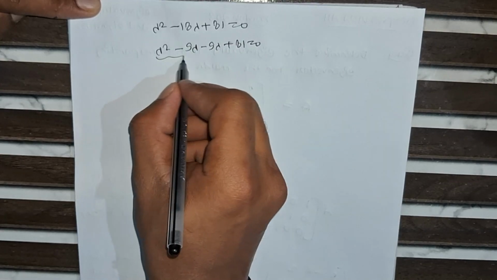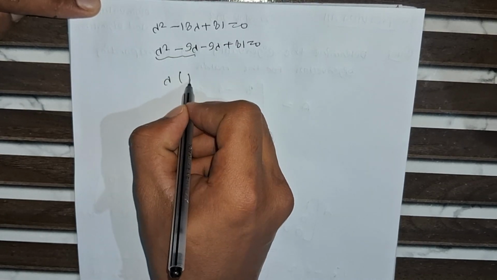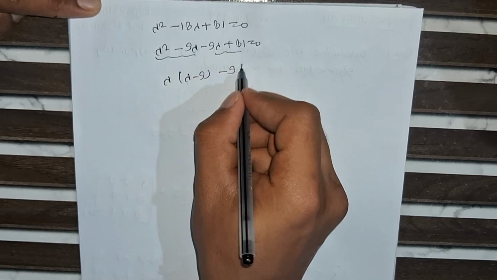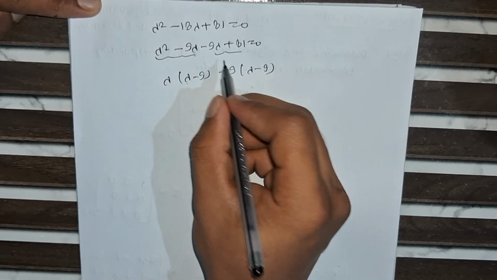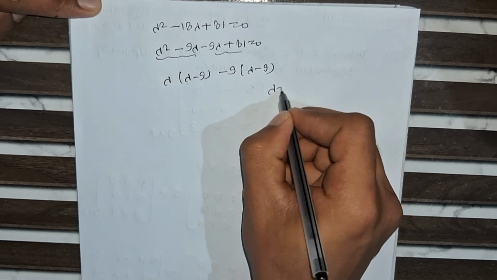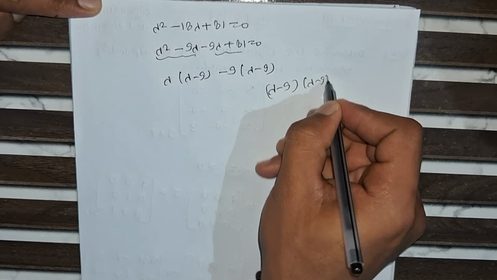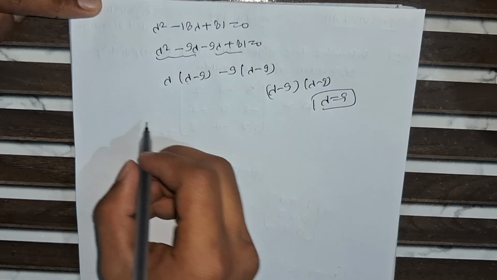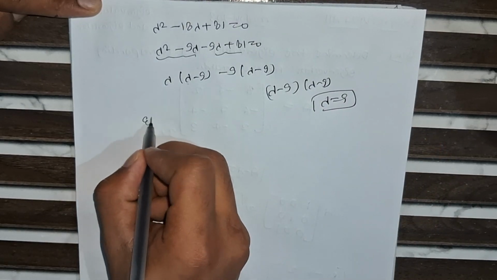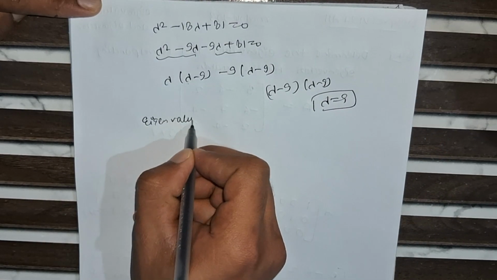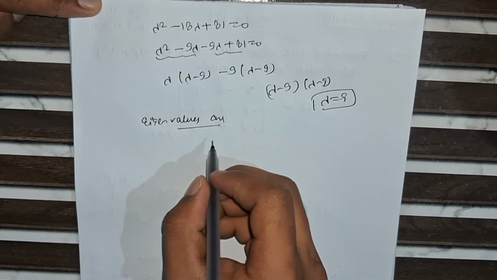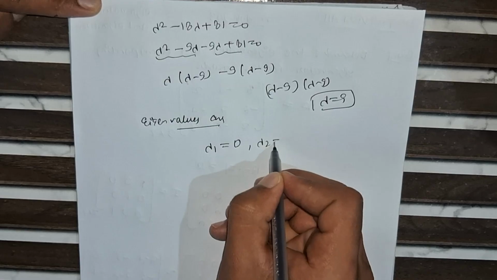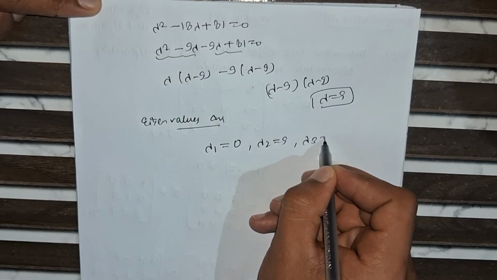Taking lambda common from the first two terms gives lambda minus 9, and taking minus 9 from the other terms gives lambda minus 9. So lambda minus 9 and lambda minus 9 are two factors, so lambda equals 9. Our eigenvalues are lambda 1 equals 0, lambda 2 equals 9 and lambda 3 equals 9.